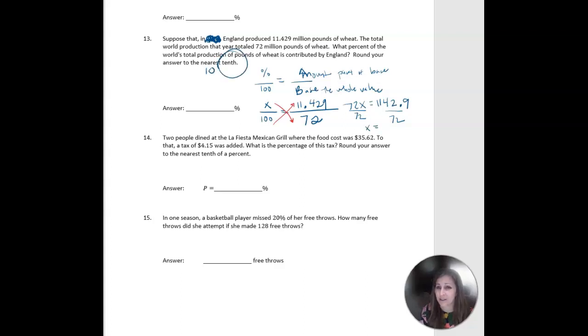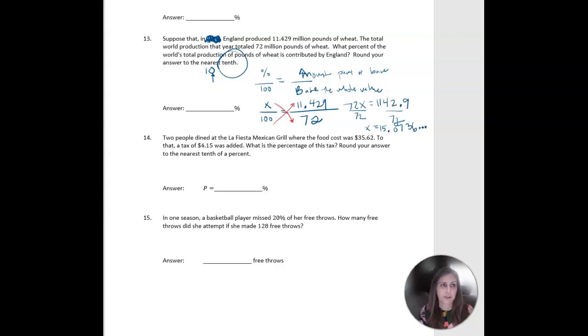Now remember, tenth looks like this. Since we only have one 0, we're going to go 1 decimal place. Let me put this in my calculator. 1,142.9 divided by 72. Here's the final number: 15.8736, and then it continues.